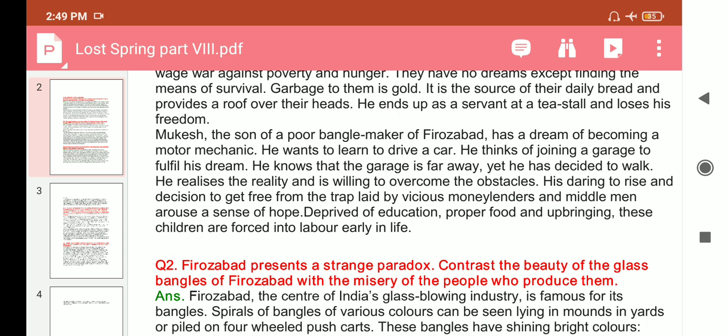His daring to rise and decision to get free from the trap laid by vicious moneylenders and middlemen arouse a sense of hope. Deprived of education, proper food, and upbringing, these children are forced into labor early in time.